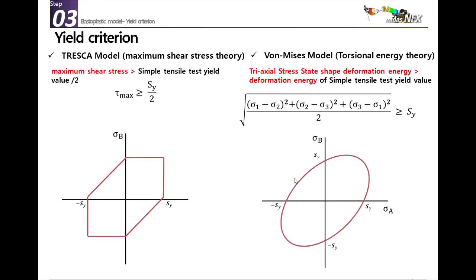Now the von Mises model is based on the triaxial stress state shape deformation energy, which should be superior to the deformation energy of the simple tensile test yield value. It gives you a formula like that. And if you draw the curve, it will look more like a circle than the Tresca model.